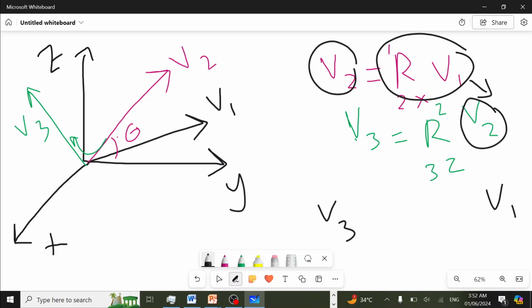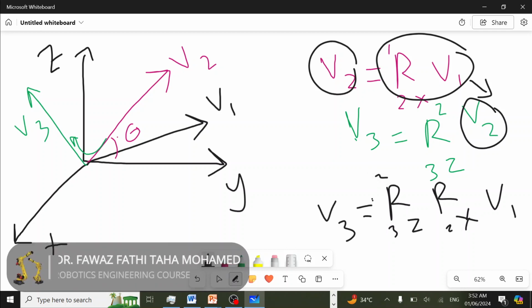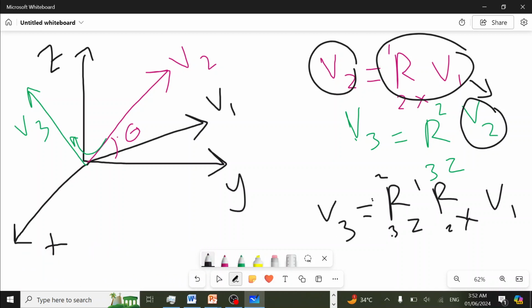We will write v3 equals Rz multiplied by Rx multiplied by v1, or R32 R21, and here we have a pre-multiplication because the first rotation is around x, then around z.